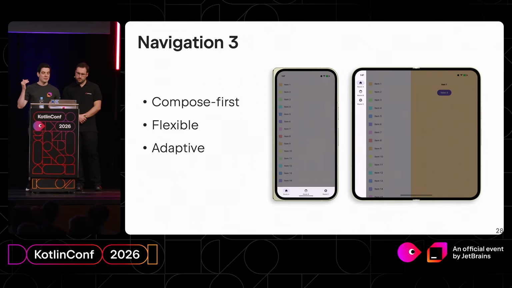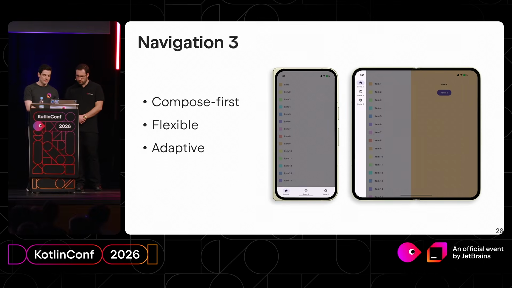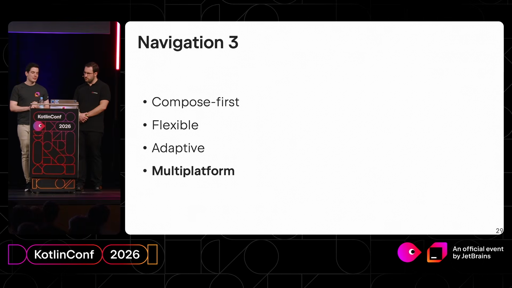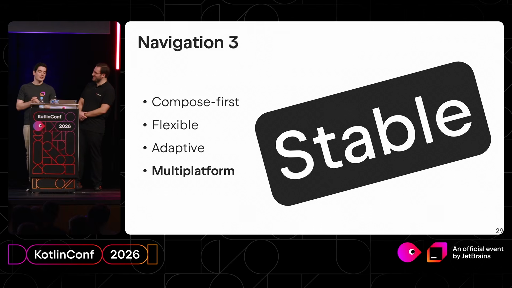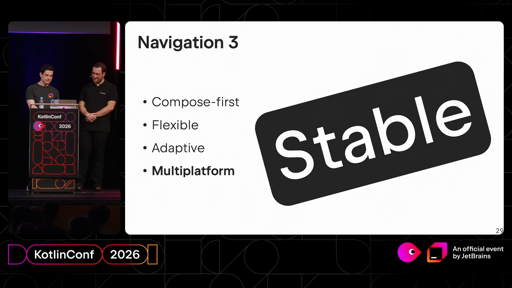And you also have APIs like scene decorators, which make it easy to add decorations like these navigation bars in different places in different device configurations. It's crucially multiplatform, which of course is very important from the Compose Multiplatform point of view. And there is one more thing about it. It's actually already stable. So you can start using it with Compose Multiplatform already.